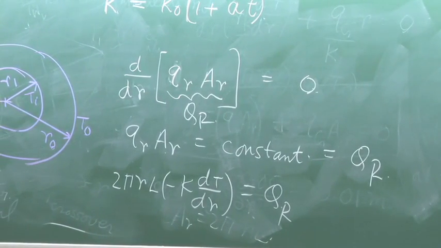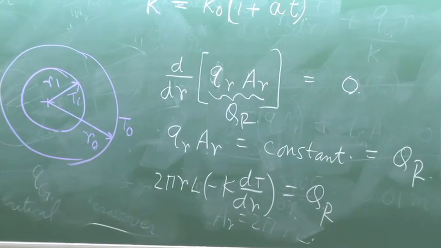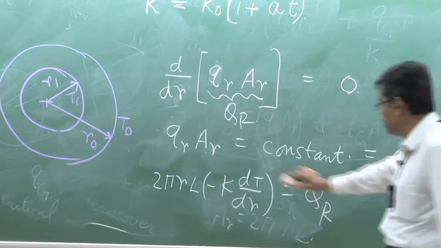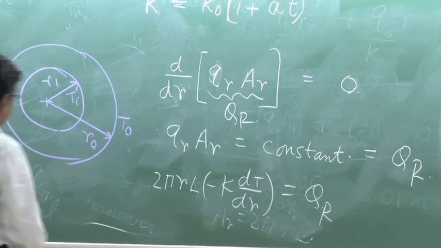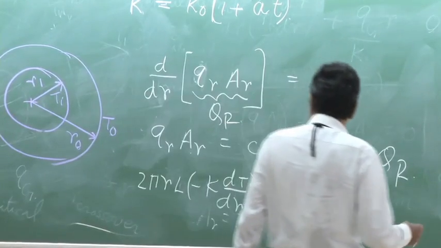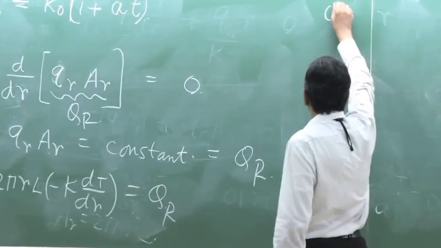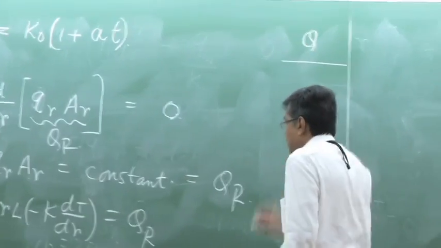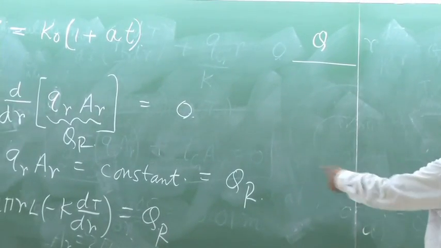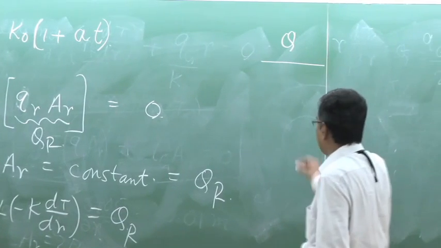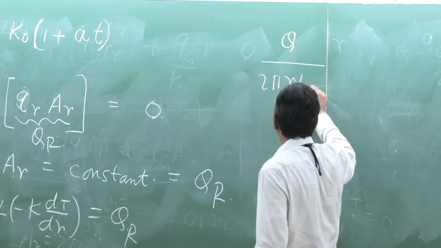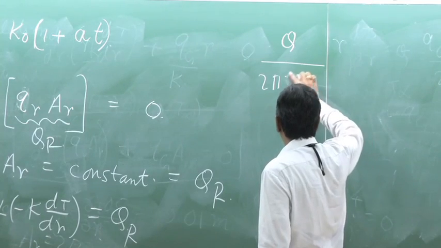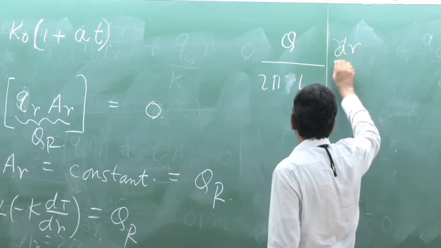Now if you are told to find the expression for heat transfer Q_r, then it is better to use that and integrate. How to integrate? Q by 2 pi L dr by r.